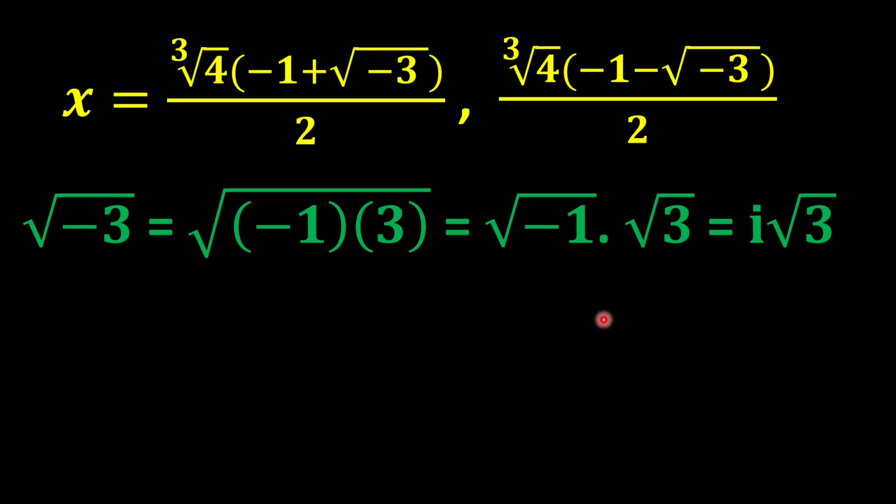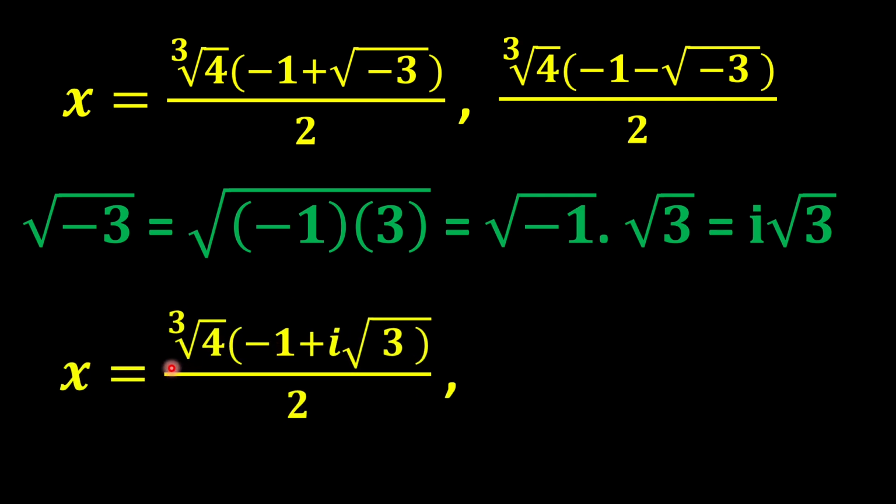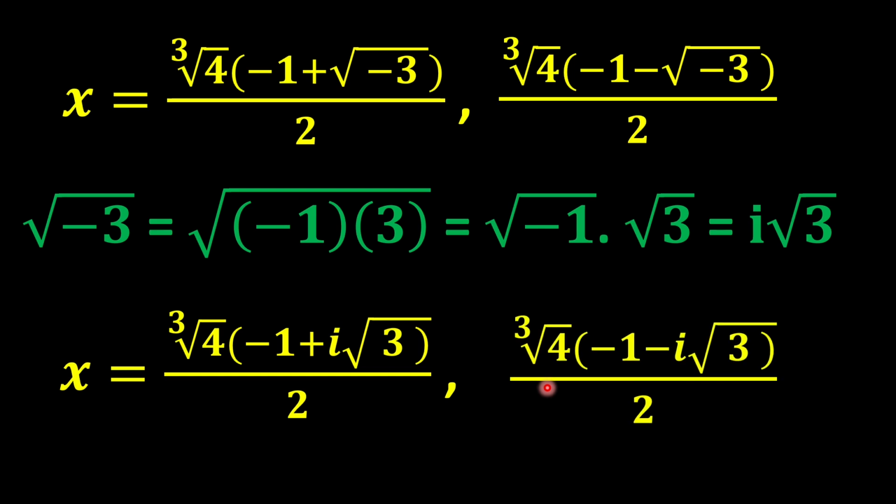So overall we can write iota under root 3 in place of under root minus 3. So this equation will become iota under root 3 divided by 2, and similarly here it will become under root 3 into minus 1 minus iota under root 3 divided by 2.